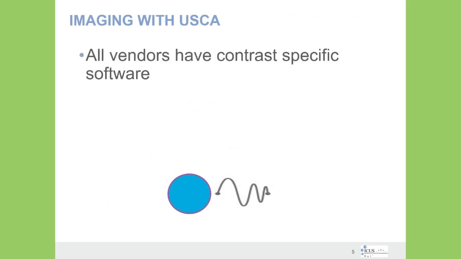All ultrasound equipment vendors have contrast-specific software that has been developed. And if there is an advantage in radiology to the delay in approval, it is that we have had a lot of time to work with the vendors to make the equipment ready for abdominal applications of contrast.